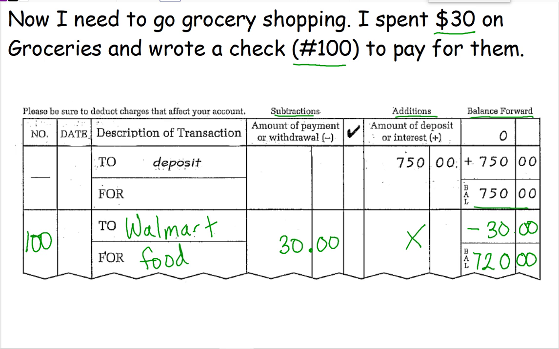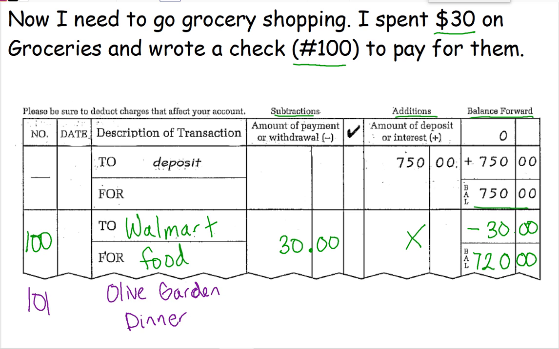Now let's say I went and bought some other stuff, and I spent $69.40. So check 101. I went to a restaurant. So let's say I went to Olive Garden, and I bought dinner.